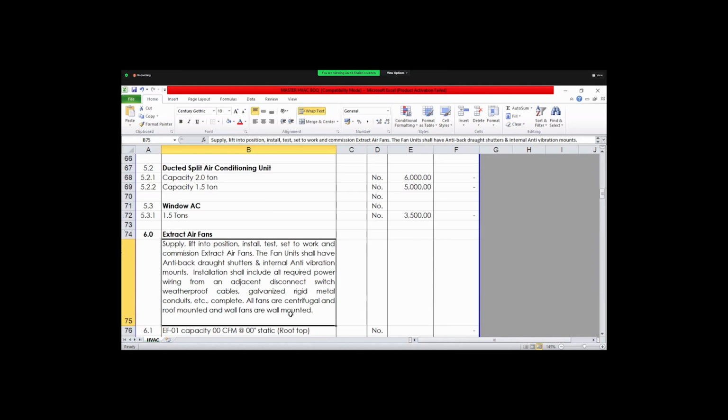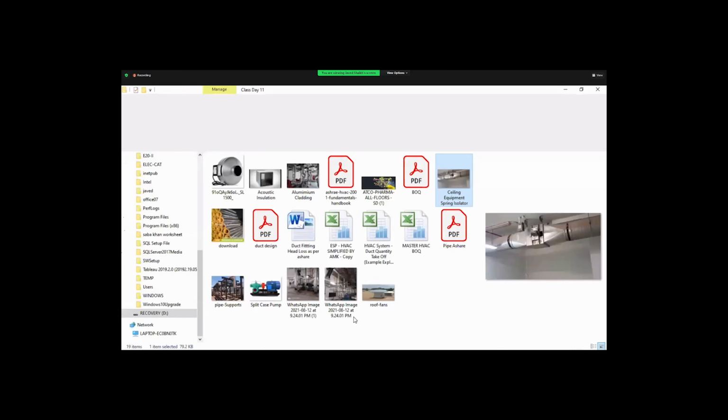For the extract fan, the type depends on the design and the location. In some cases it is on a roof, and the roof type of fan is different, an inline type.